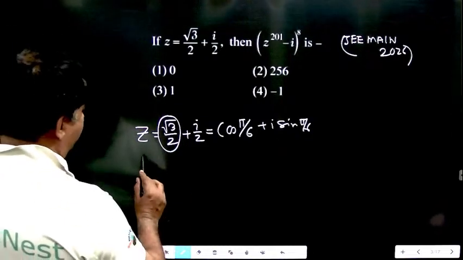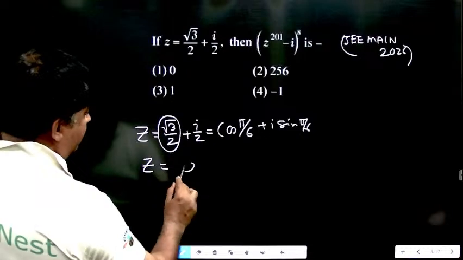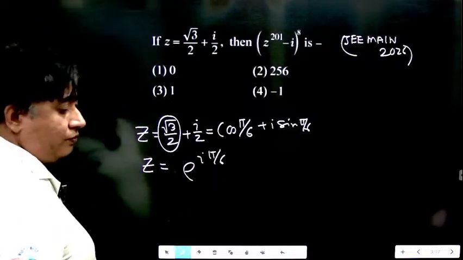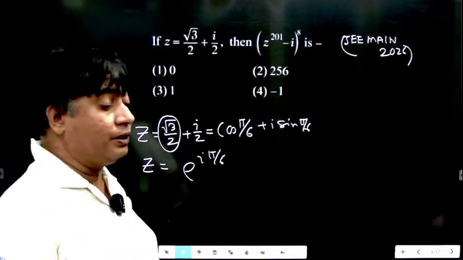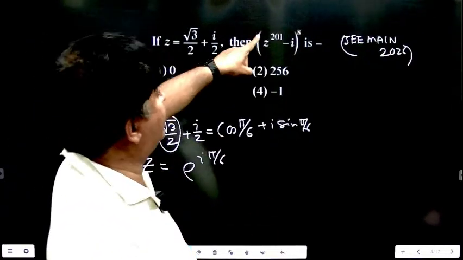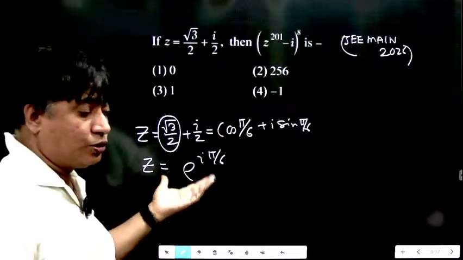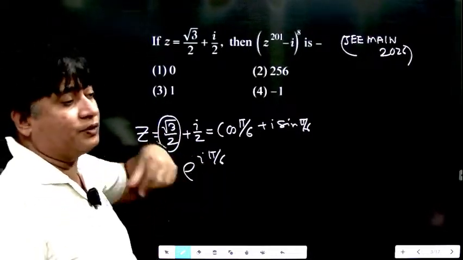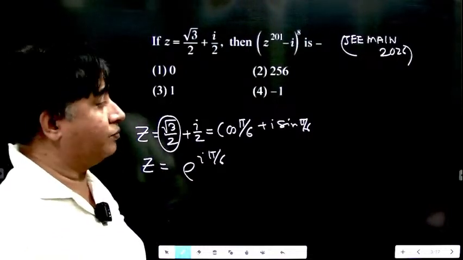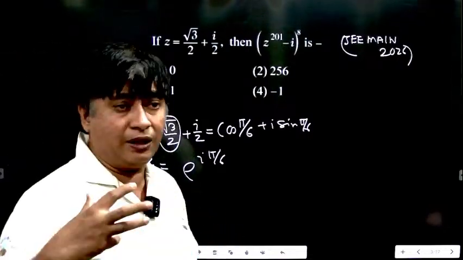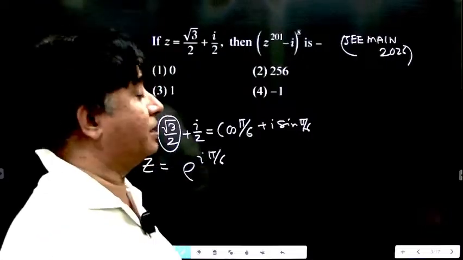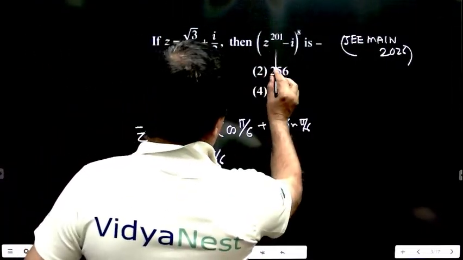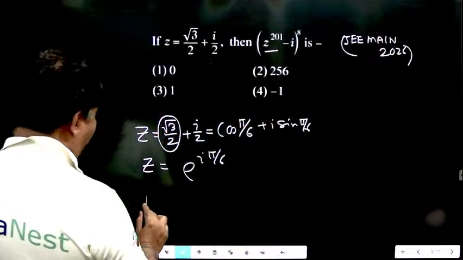Now, if you wish, you can convert it into Euler's form. What is the use of this Euler's form? Because z's 201 power has to be taken. If I convert it into Euler's form, there will be a flavor of simple indices. You are told to find z to the power 201.